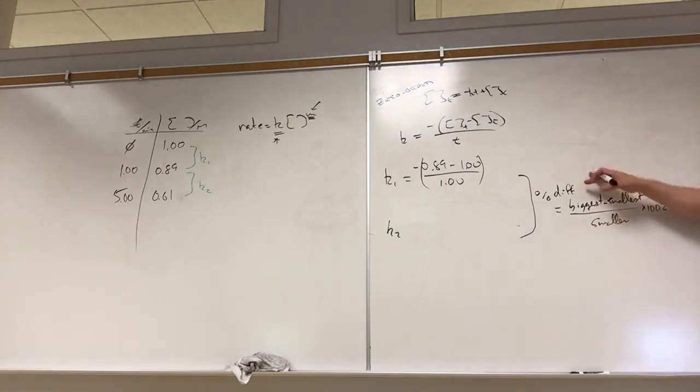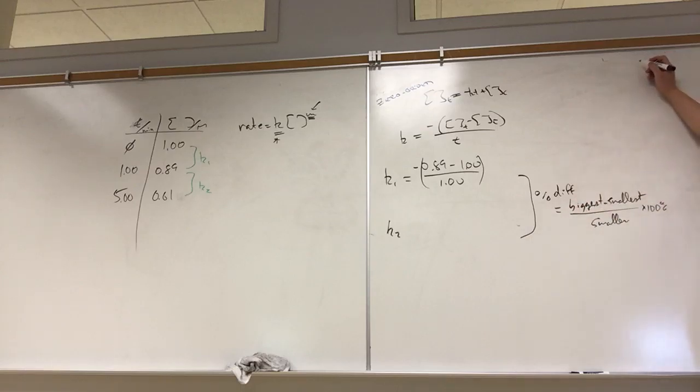Okay, after we do this, if we don't know it's zero order, then we move on to first order. We rearrange the equation for K and then solve it and then calculate K1 and K2 and the percent difference. Then we move on to second order, calculate K1 and K2, calculate the percent difference. And then the one with the smallest percent difference is the one that's most constant, which is likely that order, right?